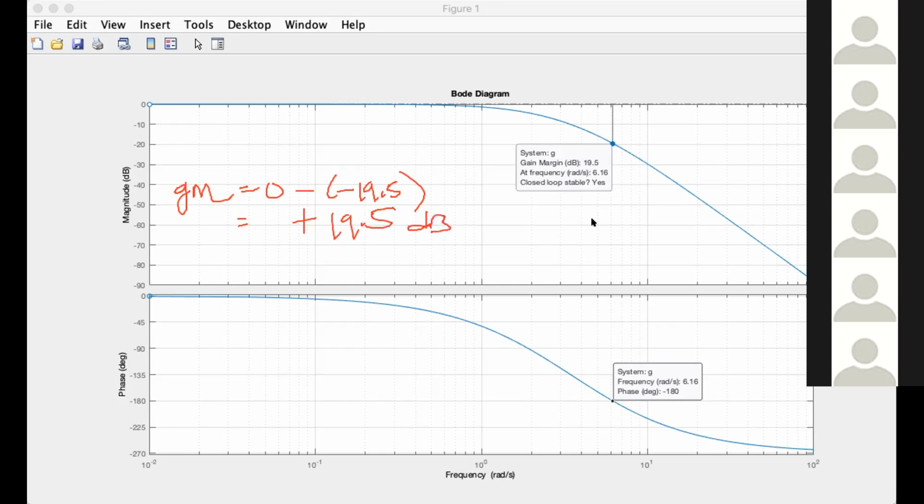Okay, the margin. This one is called the gain margin. It occurred at 6.16 radian per second, which is here, where the phase crosses at minus 180 degrees. Okay, that is the gain margin.